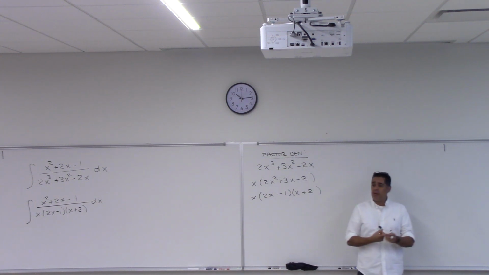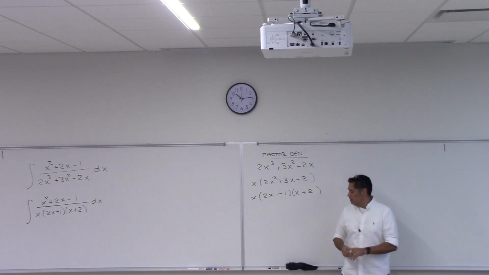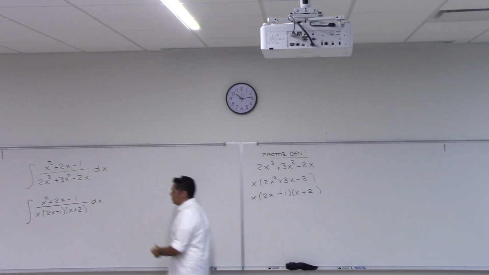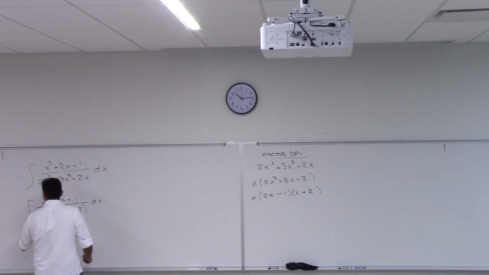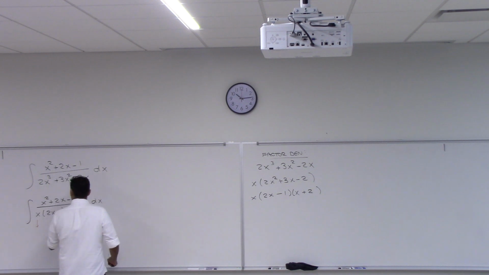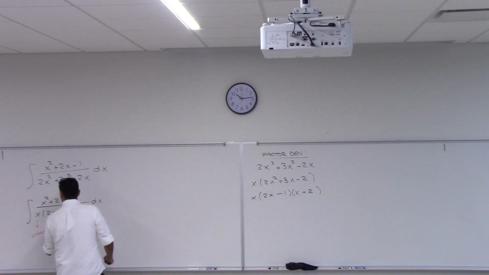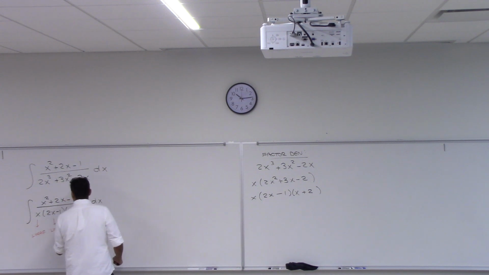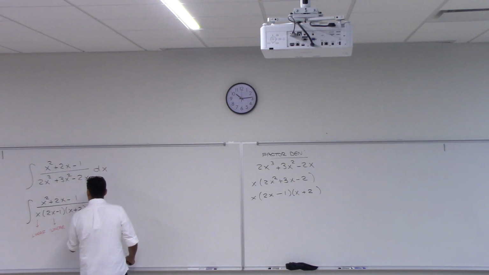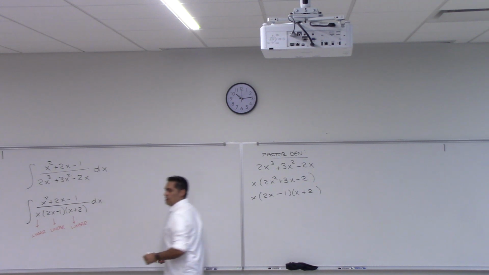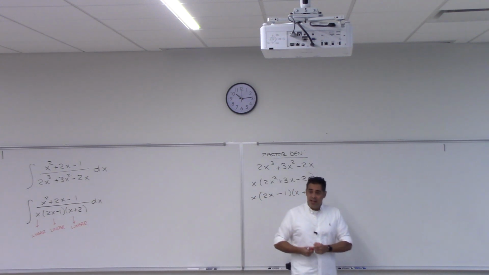I need to know how many of them I have and what type they are. There are three, and all three are linear factors. We have not had anything other than linear yet. I haven't shown you anything else yet. It's coming. These are all linear and they're distinct.